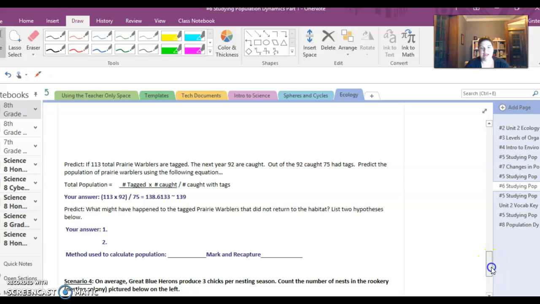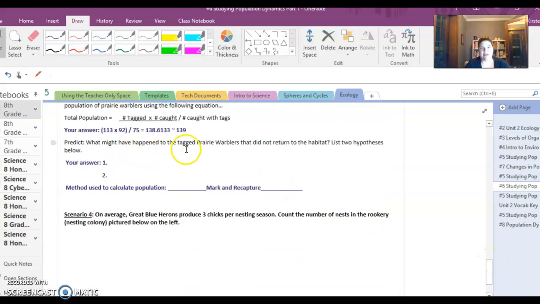All right, so 139, and then what might have happened to the tagged prairie warblers that did not return to the habitat? 2 hypotheses below. Hope you guys were able to come up with some creative answers here. It could be loss from predation, so that would be predators.